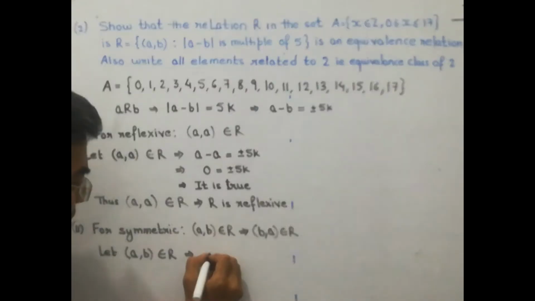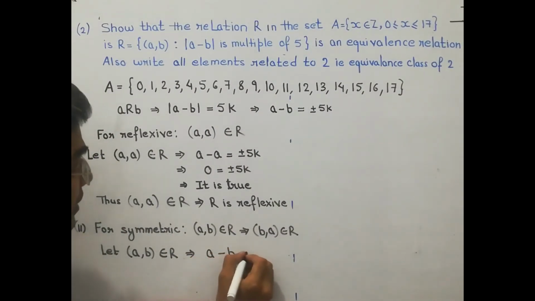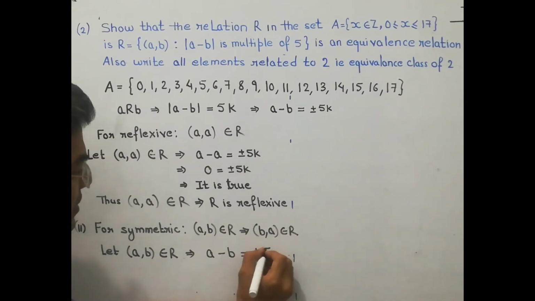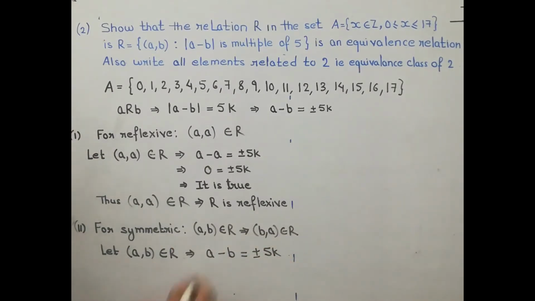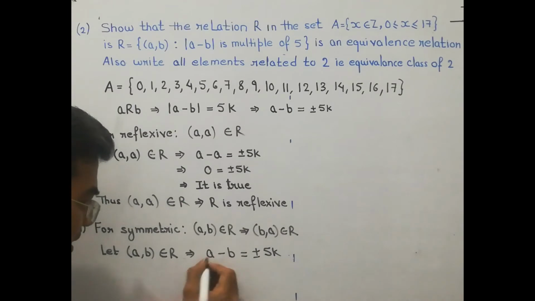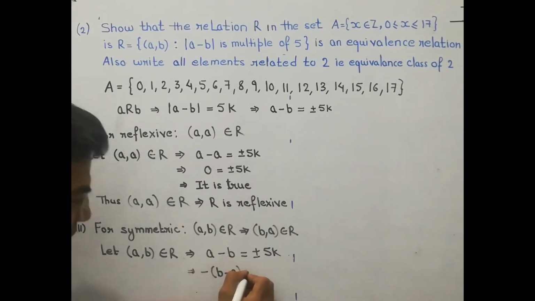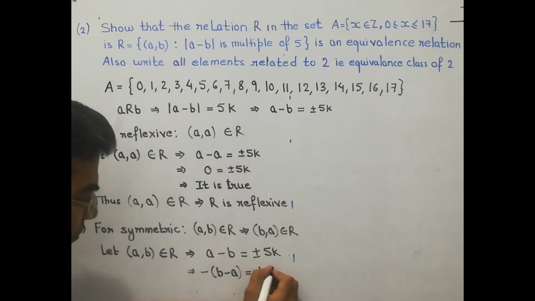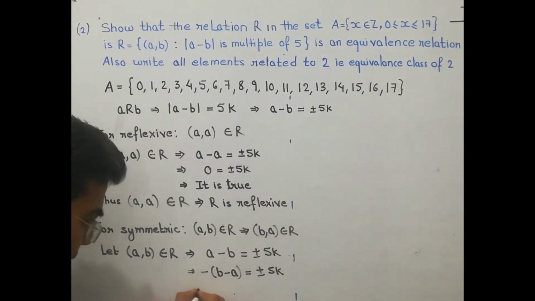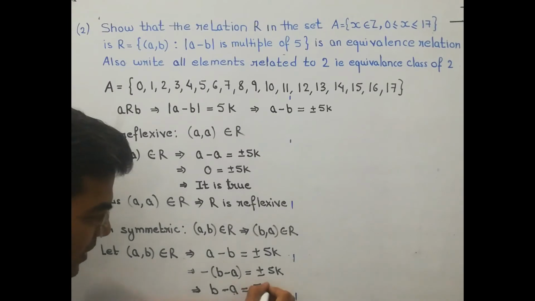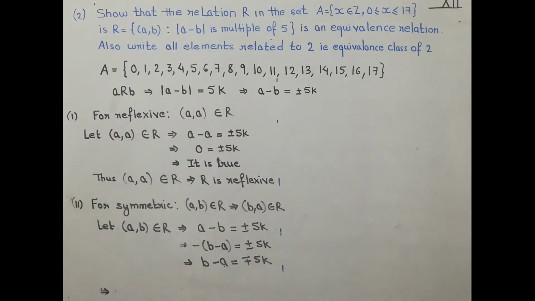So we can write a minus b is equal to plus minus 5k. Now here, taking minus common and transferring minus to that side, this becomes minus plus 5k. So we are getting that b minus a is also a multiple of 5.